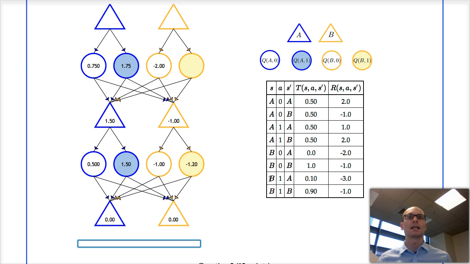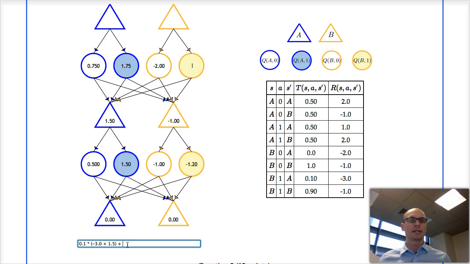We're in state B and took action 1. So it's this part of the table. There's a 10% chance that we transition to state A. For that transition we get an instantaneous reward of minus 3.0, expected future sum of rewards of 1.5, which we read off over here.